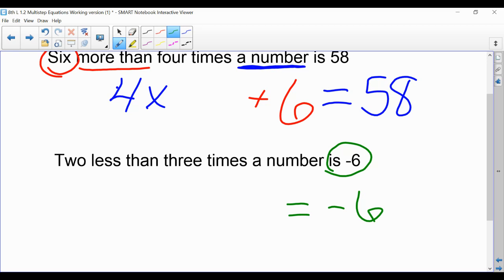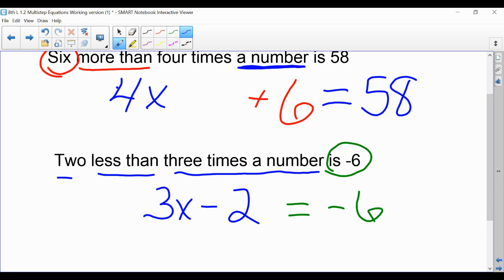And we can work backwards if we wanted to. Now that we've read it, we know that we have in this part here 3 times a number. I don't know what that number is, but I know how to show 3 times some number that I don't know what it is. And then we have 2 less than. So less than, 2 less than.